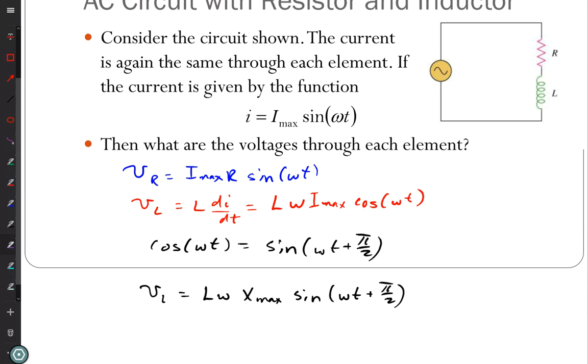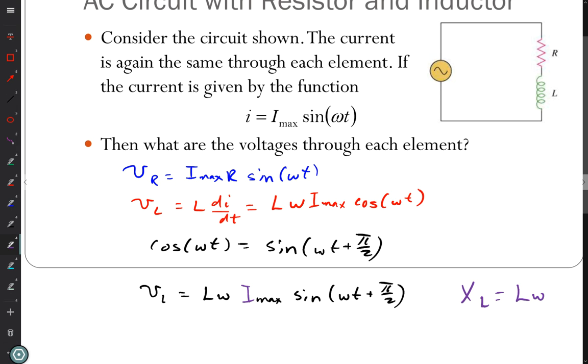So we define, again, a reactance. What should our reactance be for the inductor? I put X instead of I here because I wasn't thinking clearly. It should be L omega, because L omega is the thing that current's multiplied by.